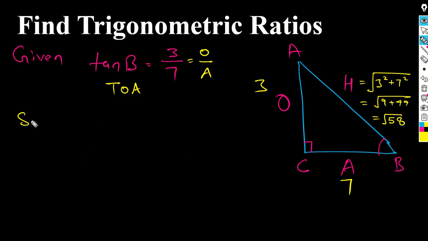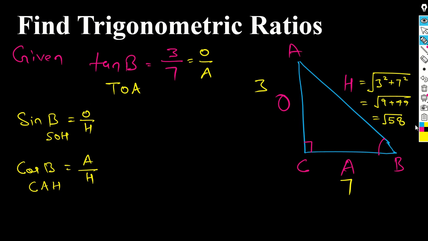Now you just find the trigonometric ratios simply. So sine B, now use the formula SOH, sine equals opposite over hypotenuse. Cos B is CAH, so adjacent over hypotenuse. That's it. Now just substitute the values. Opposite how much? 3 over hypotenuse square root of 58.